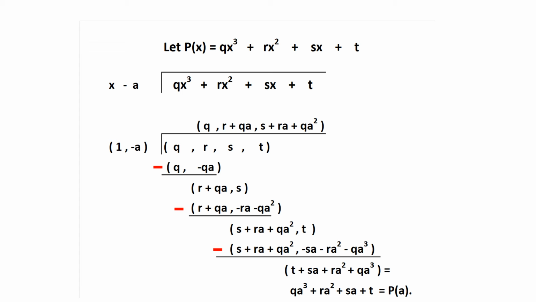Now that is a quadratic. So the q is qx squared plus r plus qa times x, and the s plus ra plus qa squared is the number.